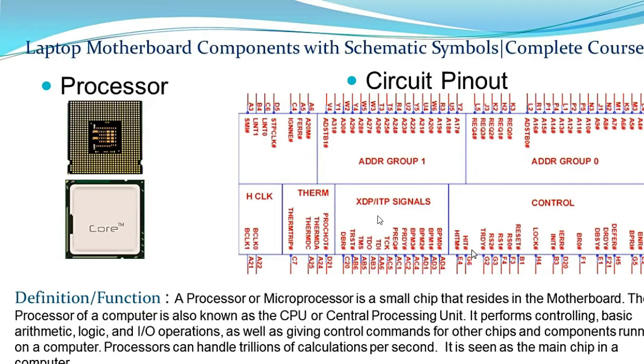Here basically we have the XDP, ATP signals. Here we have control signals, including enables, etc. Here we have address group 0, address group 1, etc. So this is just one part of the processor.